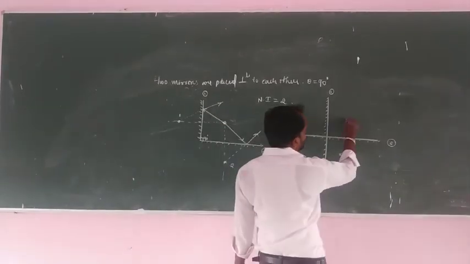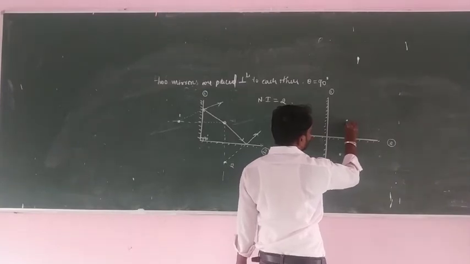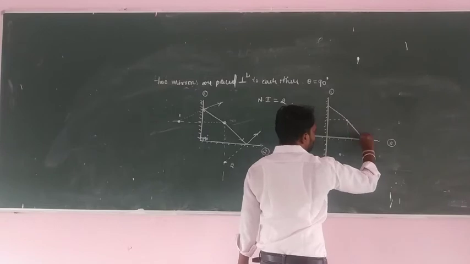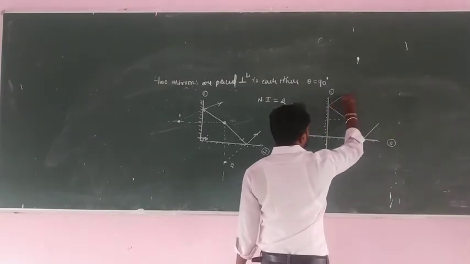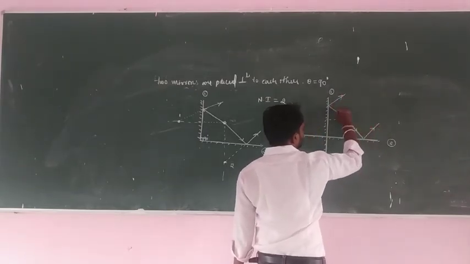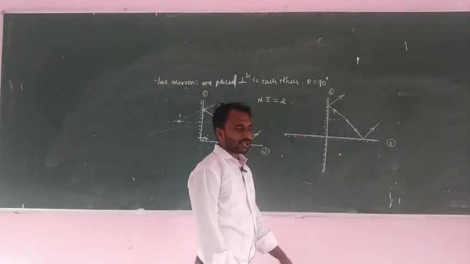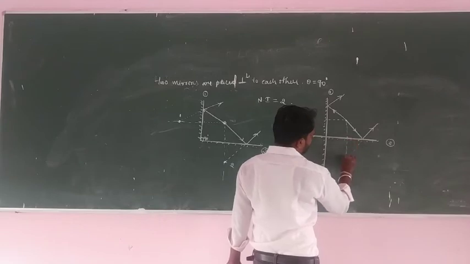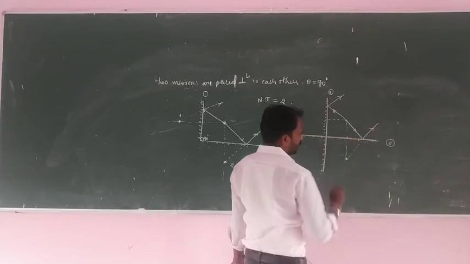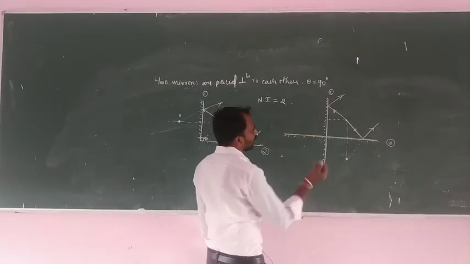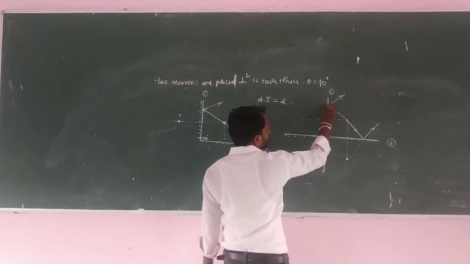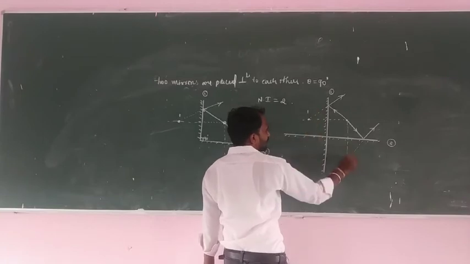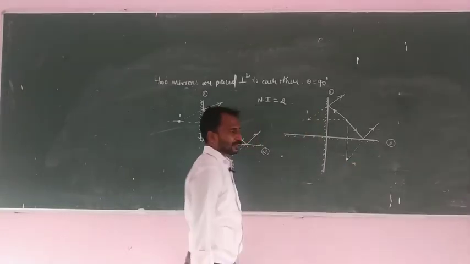So this one is an object S. These two we consider incident light rays and reflected light rays, and if you extend these light rays, here we will get an image. The same thing here also, if we extend these two light rays, here we will get an image. So this one is the first image and this one is the second image.